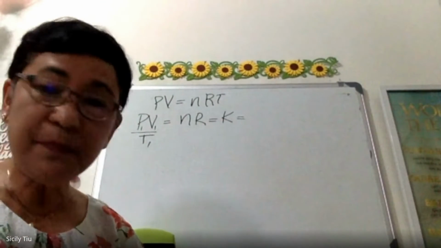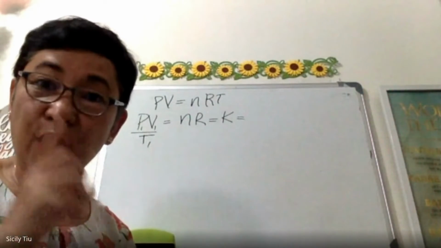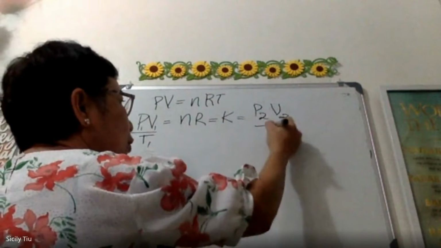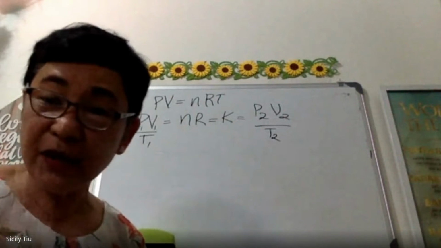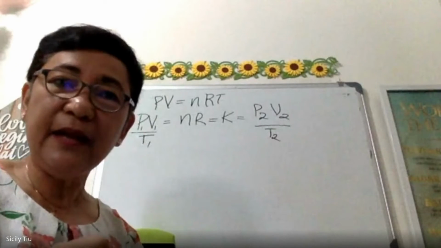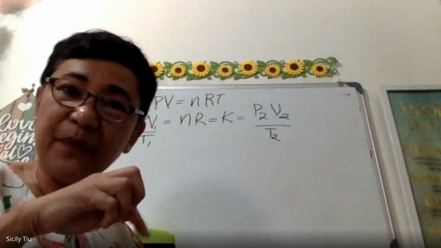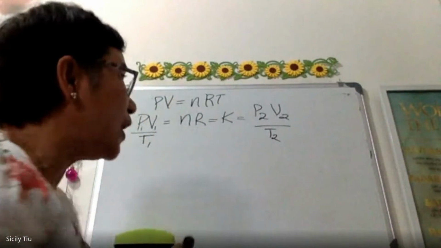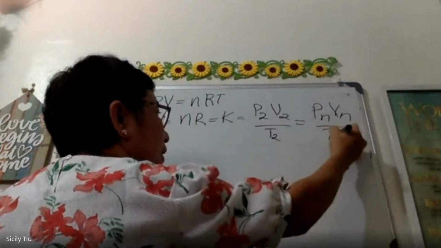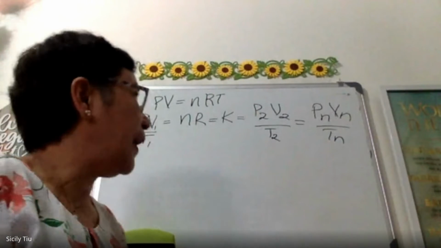Meaning, if I multiply pressure by volume and divide it by temperature, it is constant. So if I go to point 2, it is still the same. Because that is the line of argument: when I multiply pressure by volume and divide it by temperature, it will always be constant. So therefore, you can even say up to point N. Okay?